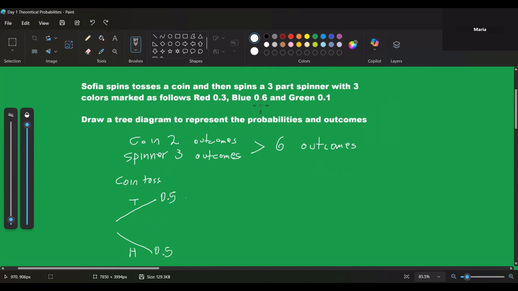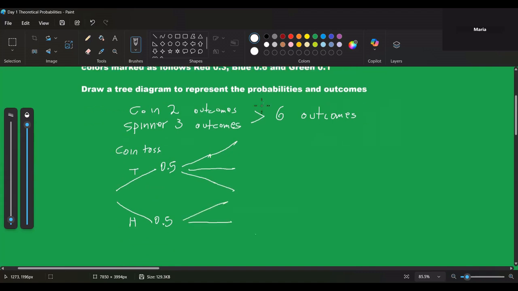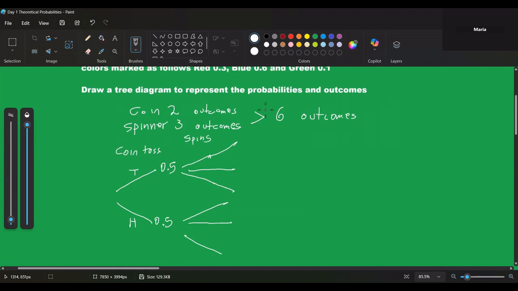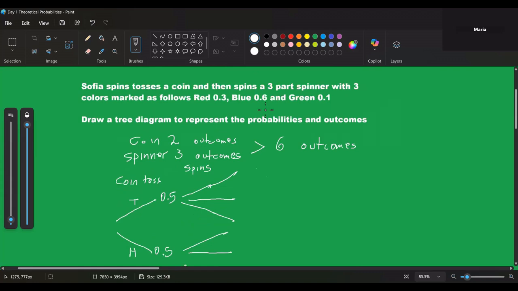Very good. 0.5. And therefore, when it comes to our spinner, it's got 3 branches, right? From each of the branches of the coin, the spinner also will have its own 3 branches. So this is coin toss, and this is spinner. The spin will give us the colors red, blue, and green.